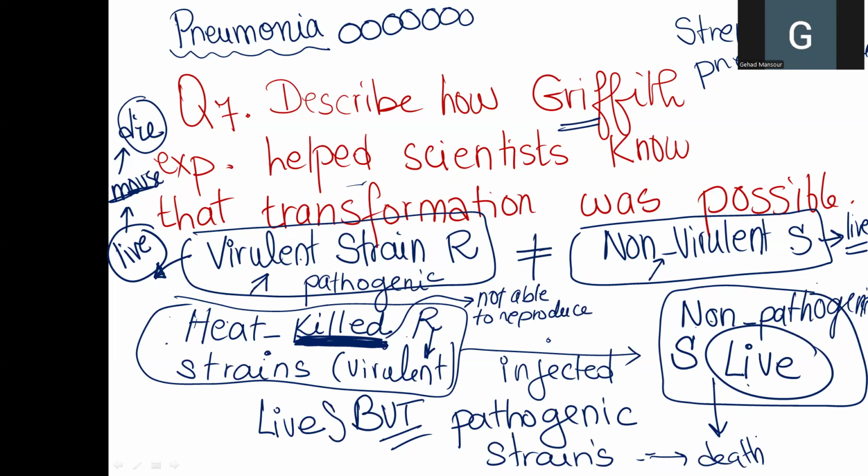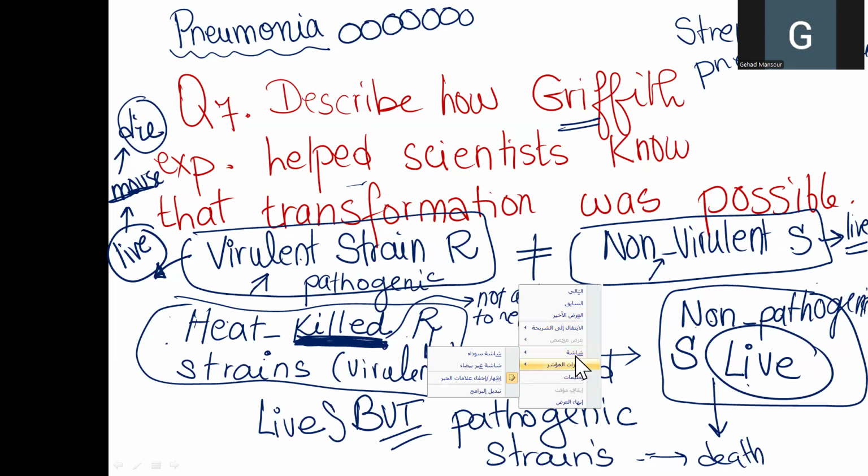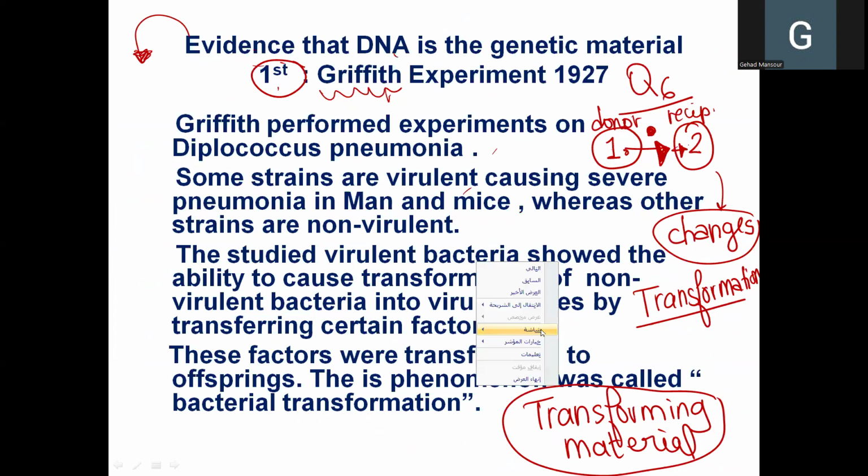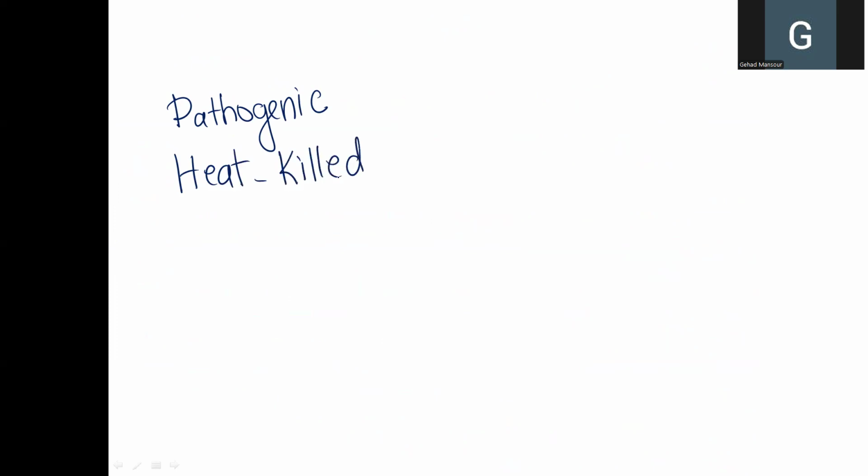So to summarize this, we will open a new screen because this screen is very messy. To summarize, we have a pathogenic heat-killed, and this is very important, and I'll tell you how heat killing did not affect all the properties.